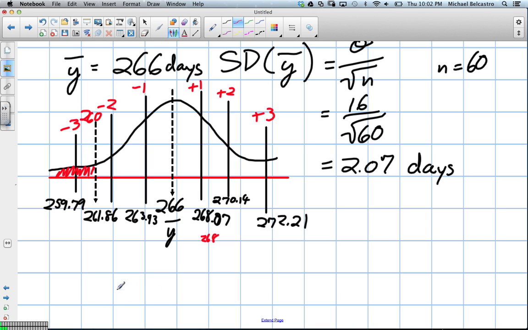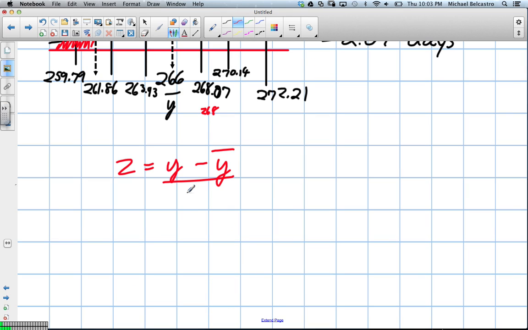The z-score is our data, y, subtracted by the average, y bar, divided by the standard deviation of y bar. Again, that's very similar to x, subtract x bar, divided by standard deviation.